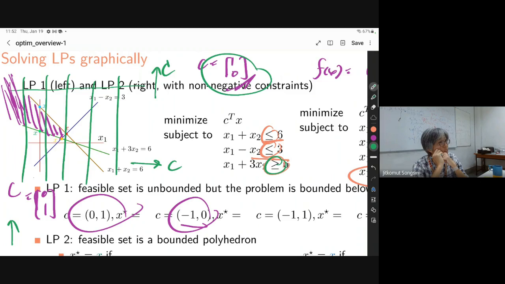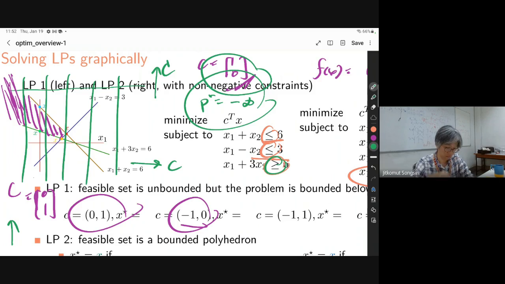P star is, where is the solution? P star is minus infinity. Your problem is unbounded below. Understand? Again, as I said several times, when your problem is unbounded below, it's just meaningless to solve the optimization problem.